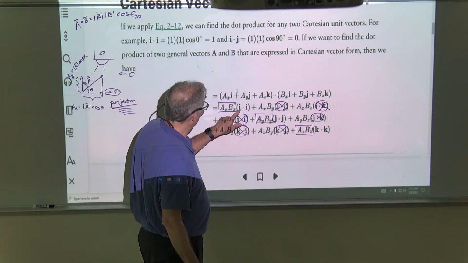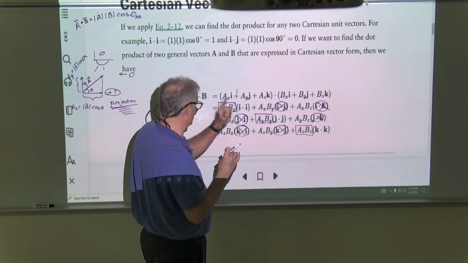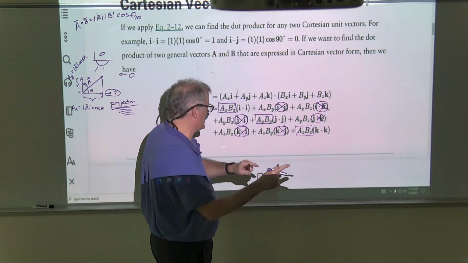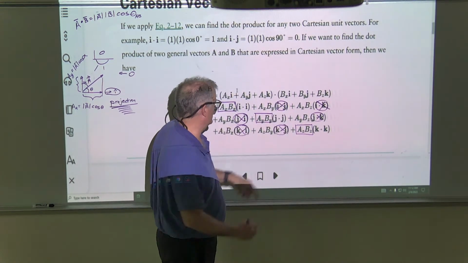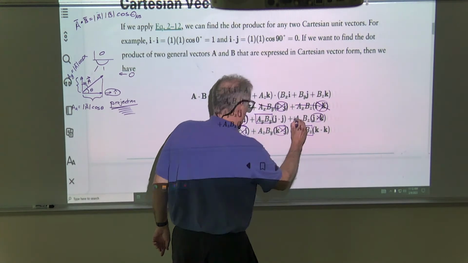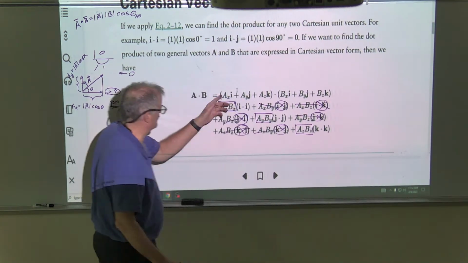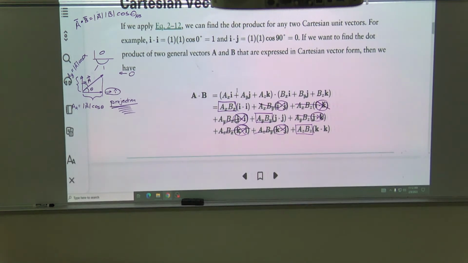Why? Because the angle between i and itself is 0. Cosine of that angle is 1. The angle between i and j is 90. Cosine of that angle is 0. And so on and so forth. So what you find is these are gone, and the only thing that's left is these diagonal terms, the way he's done it there, kind of diagonal. And hopefully that makes sense.